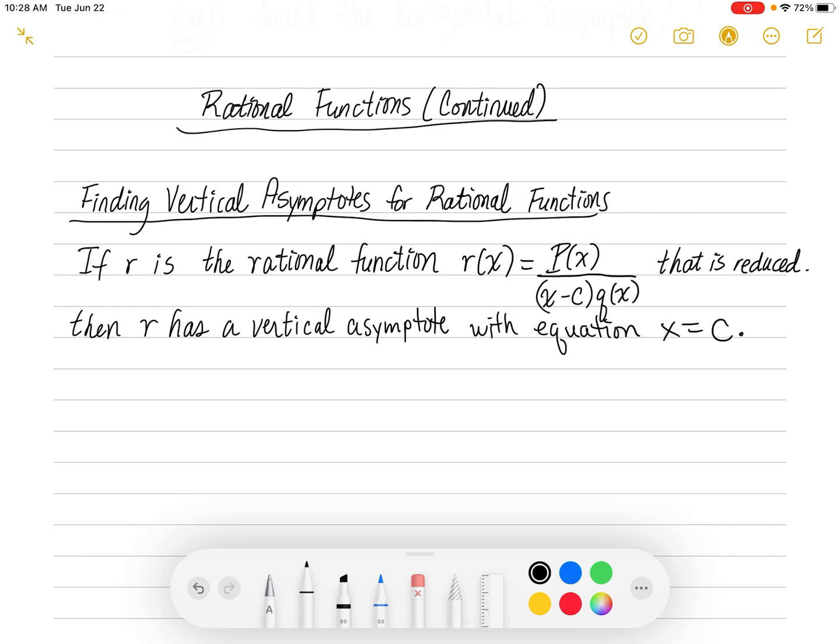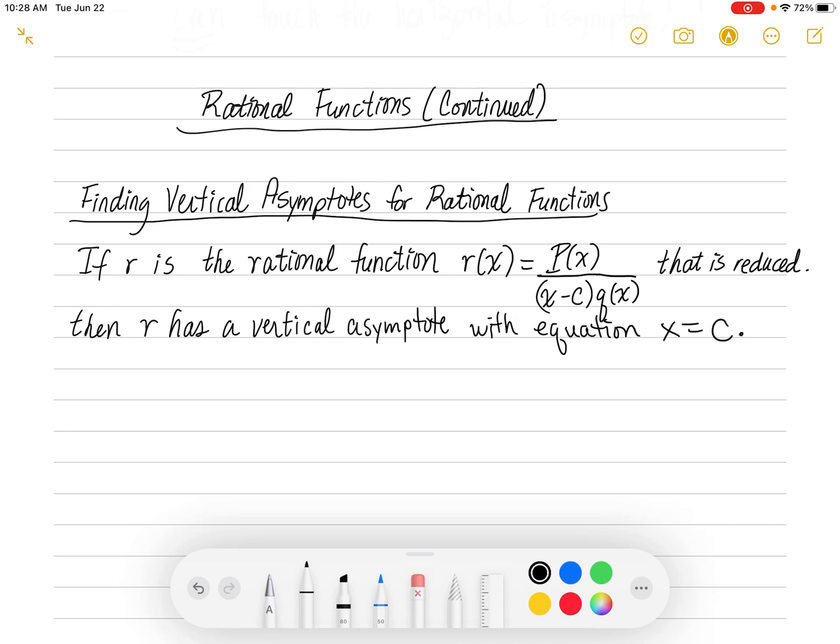All right, so we mentioned what vertical asymptotes are and what horizontal asymptotes are, and we want to be able to find vertical asymptotes and horizontal asymptotes for our rational functions. So let's say we have a rational function of the form r of x equals p of x on top. So p of x is a polynomial on top.